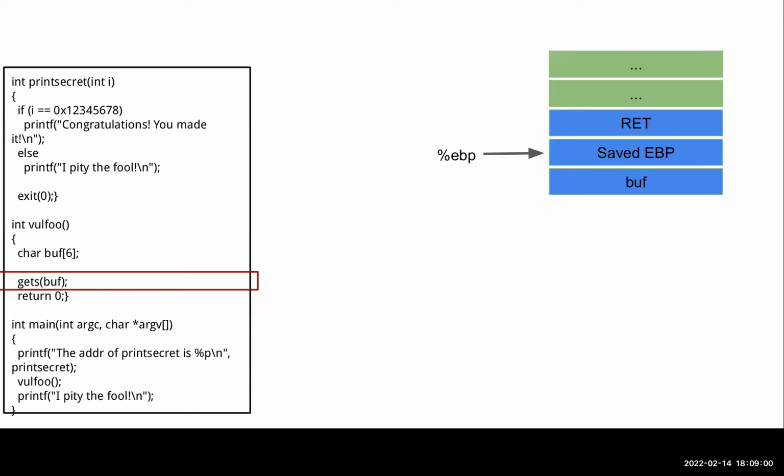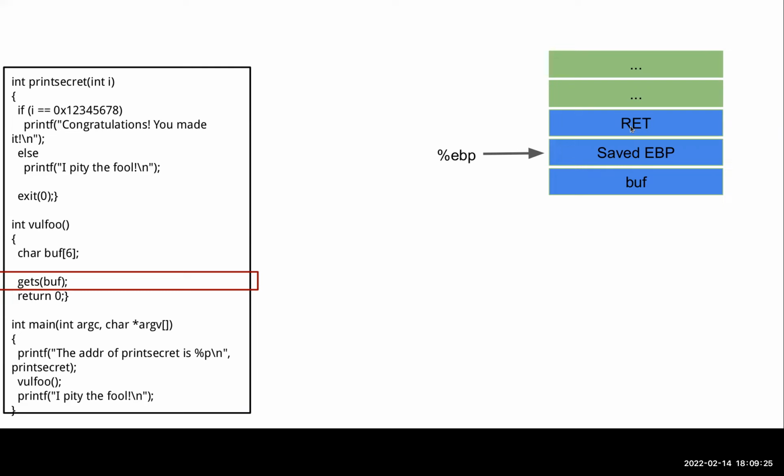This one is a little bit difficult to understand. I will try my best to explain here. We are in the Overflow function. The right-hand side is the stack of the Overflow function. In the Overflow function, EBP points to the saved EBP.